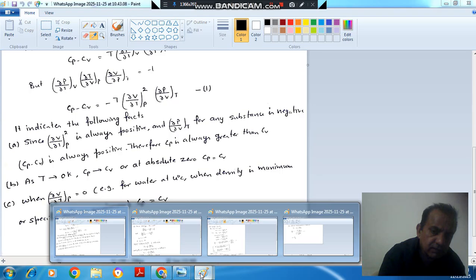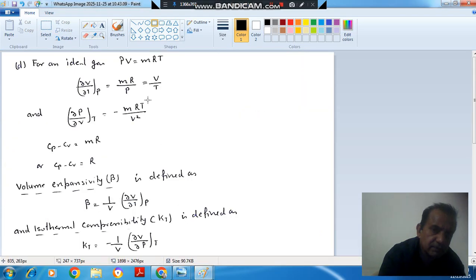Now if we take the case of an ideal gas, then the ideal gas equation is PV is equal to mRT.